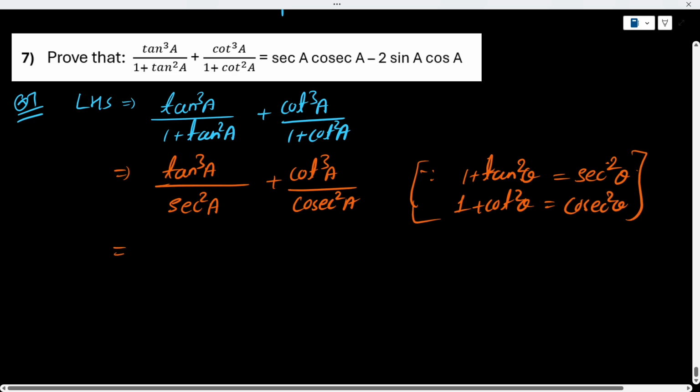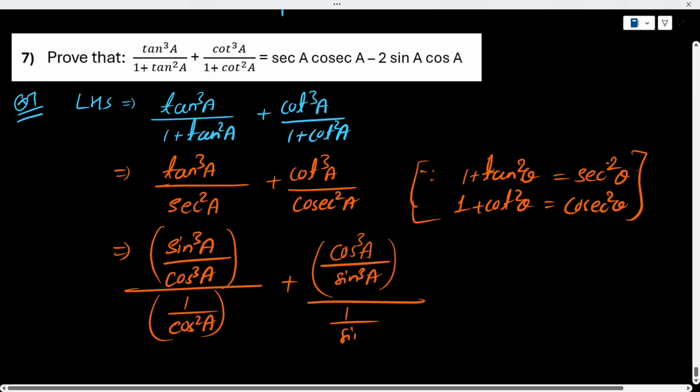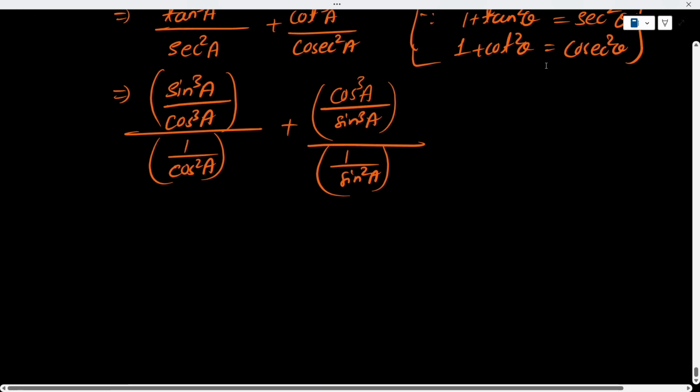Now after this step, you can convert everything into sine and cos. So tan cube A will become sine cube A by cos cube A. This is the numerator. Then the denominator is sec square A, and sec is the reciprocal of cos, so cos square A. Plus cos cube A by sine cube A as the numerator, and the denominator is 1 by sine square A, because cosec is the reciprocal of sine.